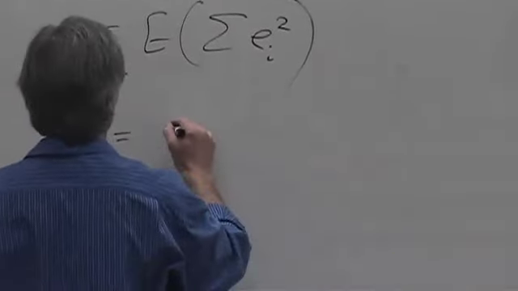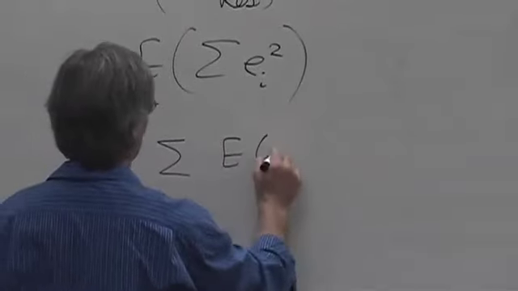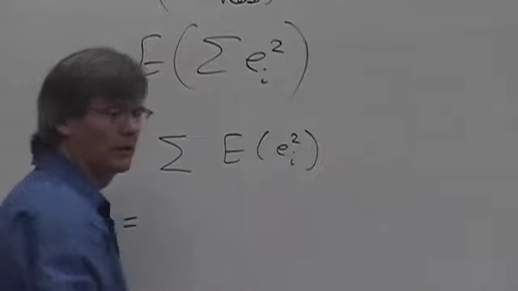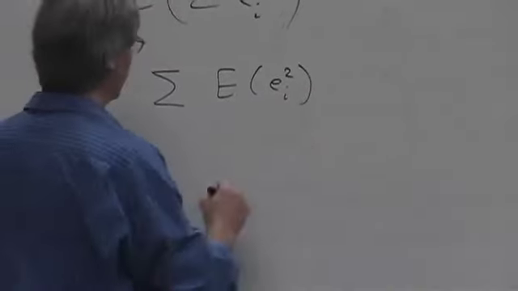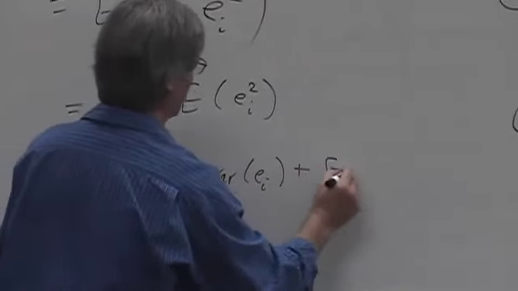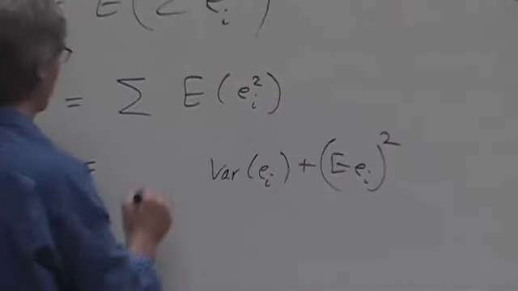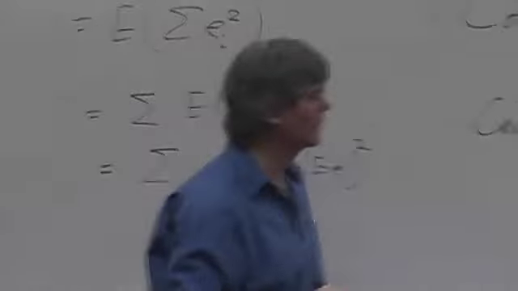That's the summation of the expectation of ei squared. The expectation of ei squared is the variance of ei plus the quantity expectation of ei, squared. That's the little formula for the expectation of a square, bringing in the variance. Now, what is the expectation of e?